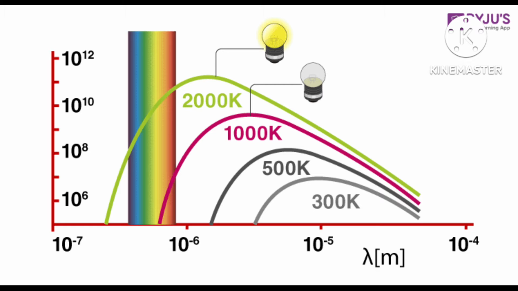Decrease of wavelength means increase of frequency, and increase of frequency means increase of energy. The above experimental results cannot be explained satisfactorily on the basis of the wave theory of light. Actually there are many theories, but the main one is the wave theory of light.